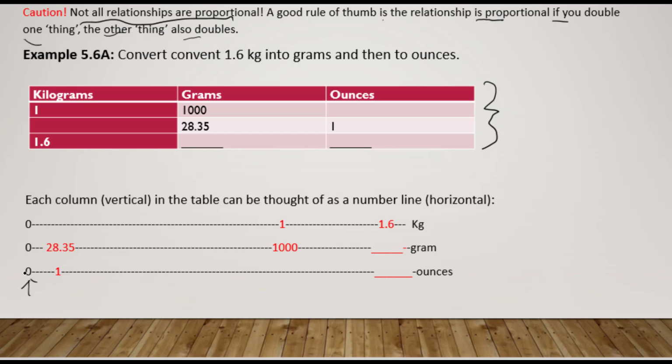They are equivalent. 0 ounces is the same as 0 grams is the same as 0 kilograms. Those things line up vertically. Here's a relationship which is explored right here, right? So first I want to convert to grams.